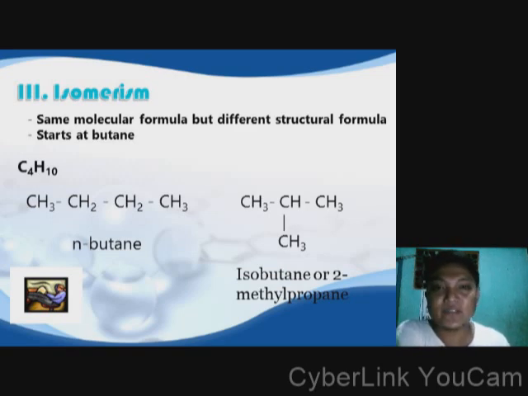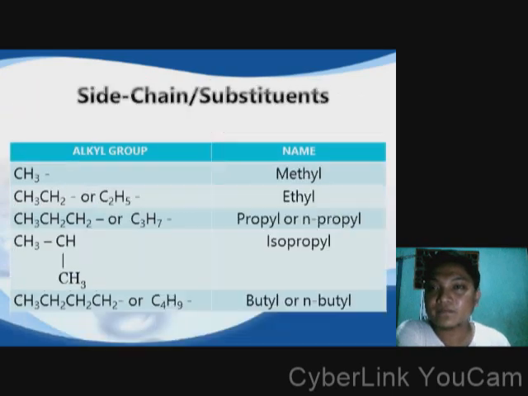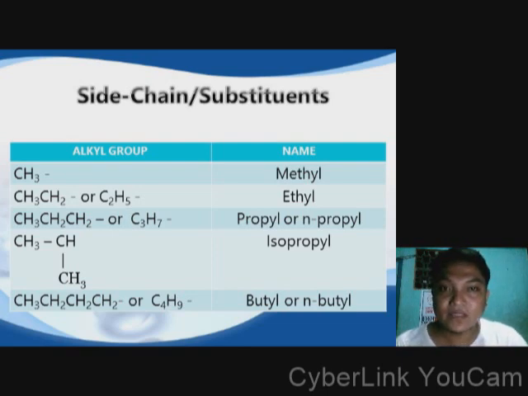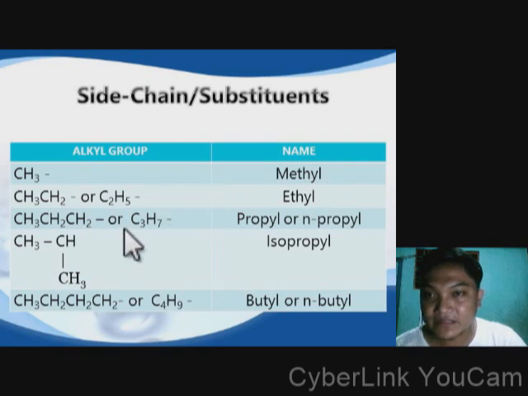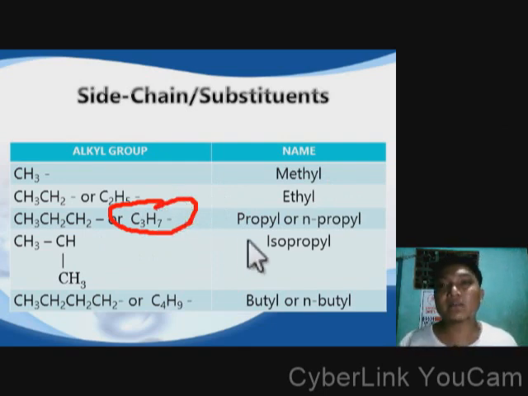Like in the case of propyl and isopropyl. Look. Propyl has C3H7, right? That is the molecular formula of propyl. Let's look at isopropyl.